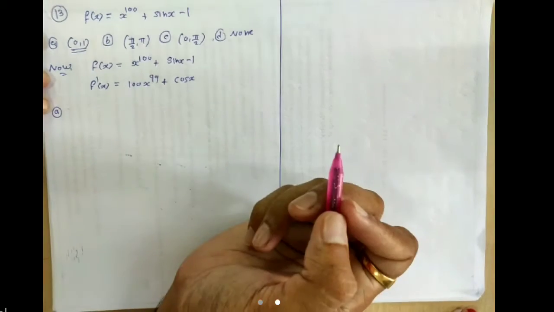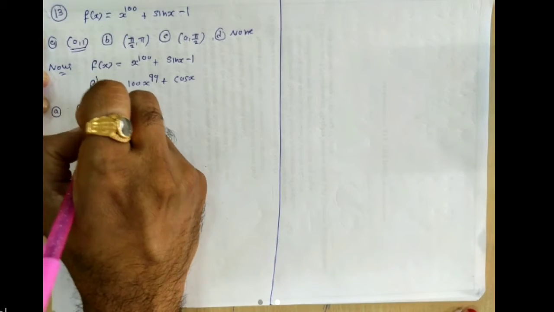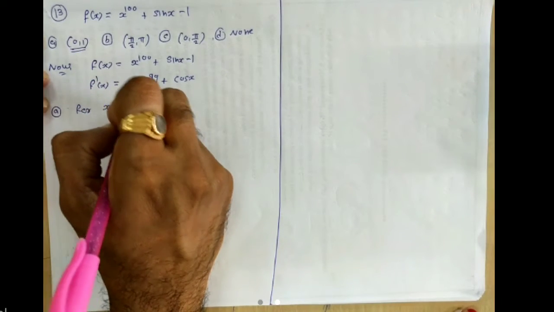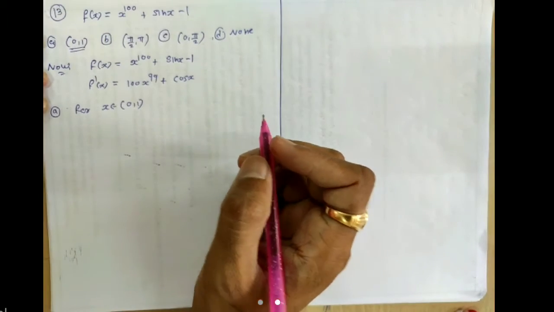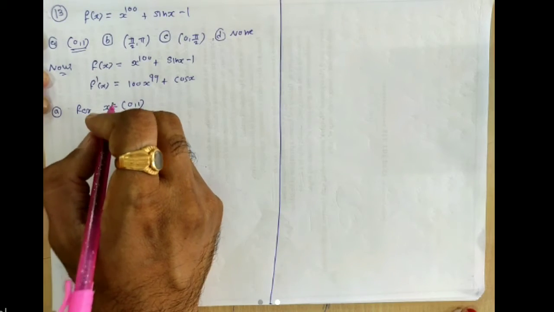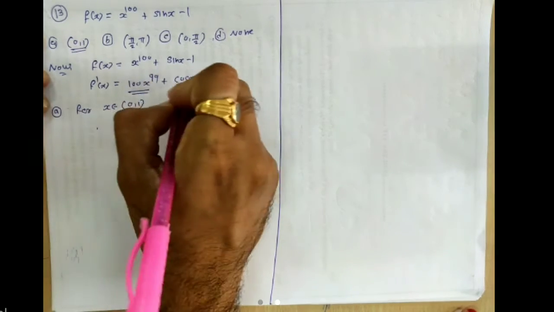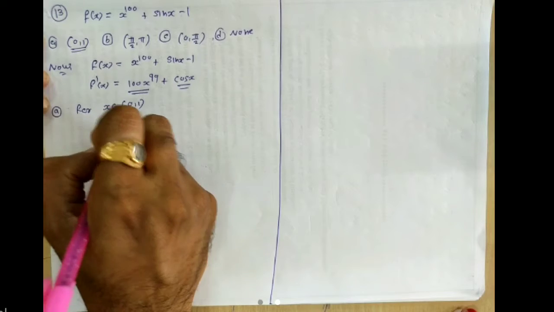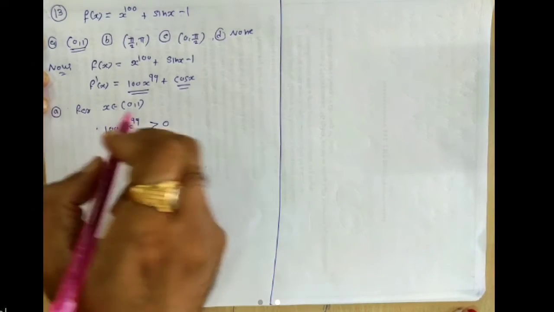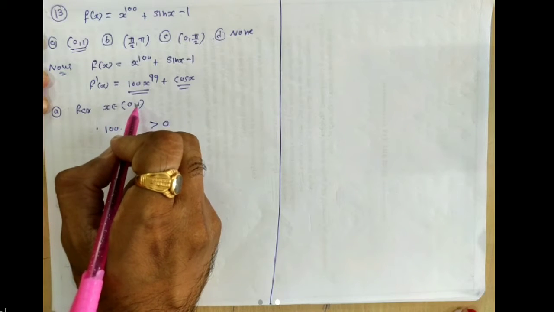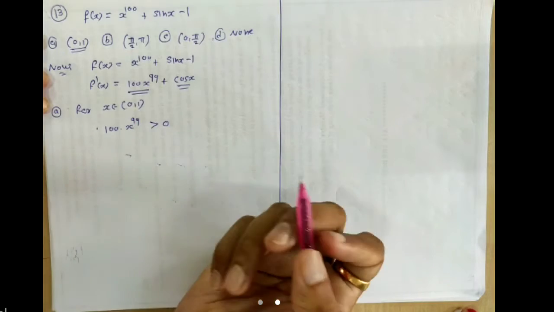Now let's check option A. We have to check whether the given function is strictly decreasing for x belongs to 0 to 1, so we check the sign of f dash x. The first term, 100 into x raised to 99, is greater than 0 for any value between 0 and 1.